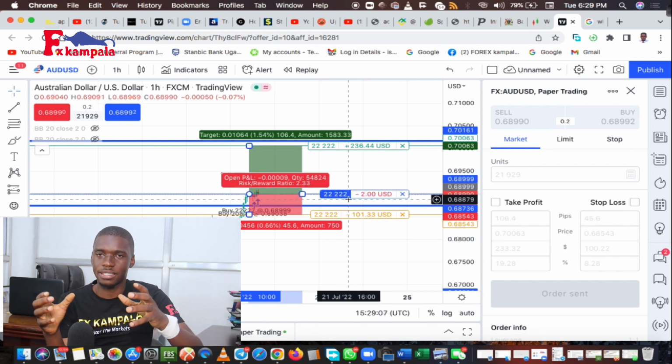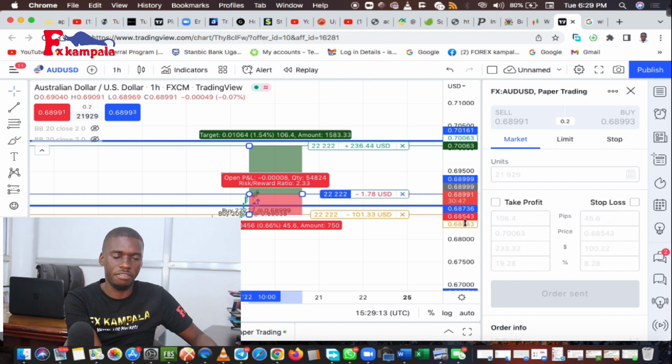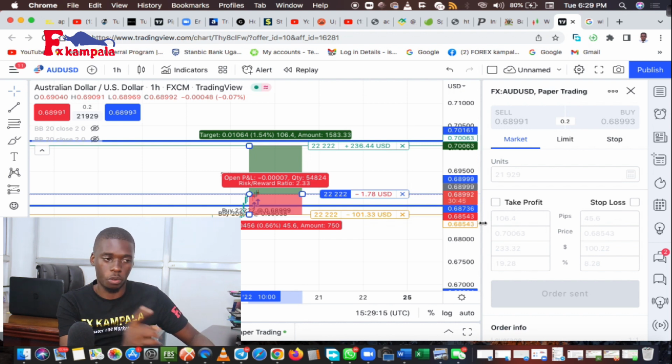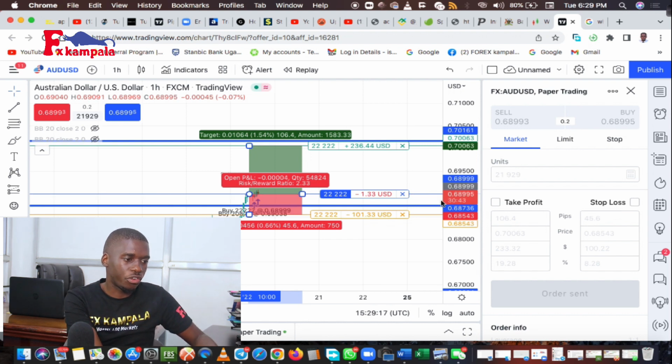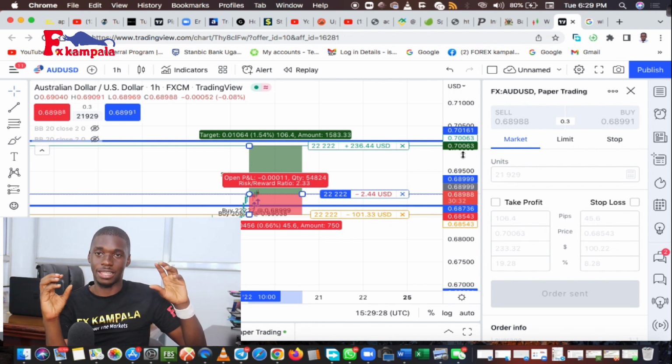Usually these are the units. Your entry was at this point, that is 0.68543, that is your stop loss rather. Then your entry was at 0.68995, and then your take profit was at 0.70063.